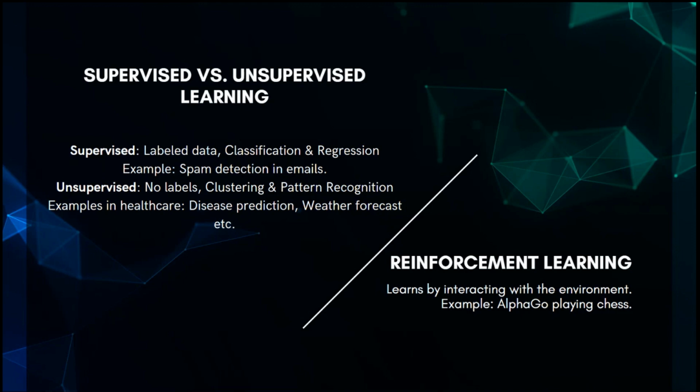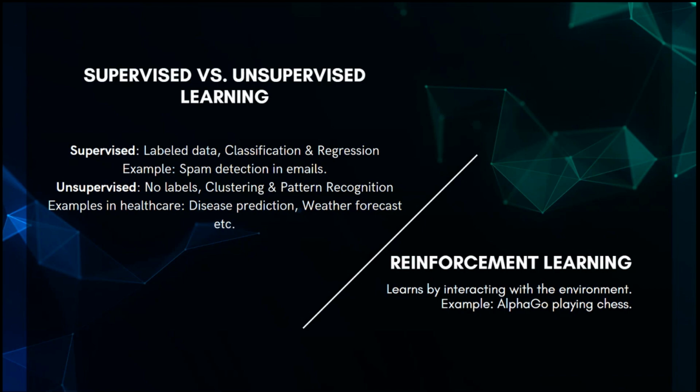If a person is playing chess with a bot, it can act like, okay, I need to play chess and I need to win, and these are the steps, these are the particular patterns I need to follow. These kinds of things come in the reinforcement learning model. Right now, AlphaGo is a platform which is working on this. You can look into it by searching on Google.